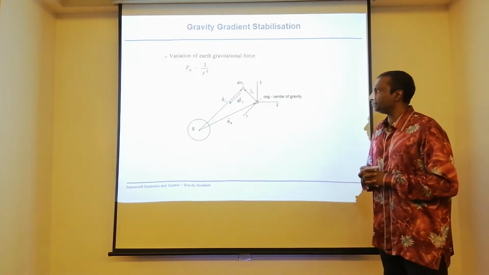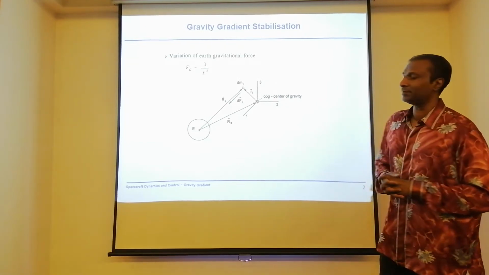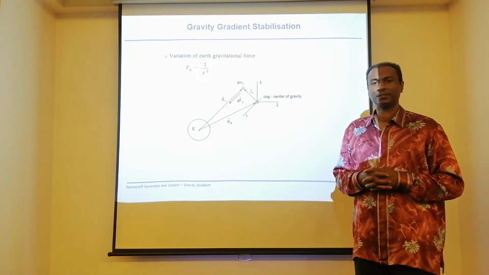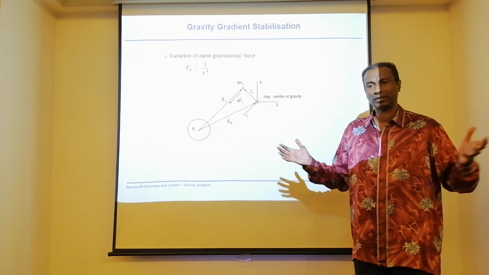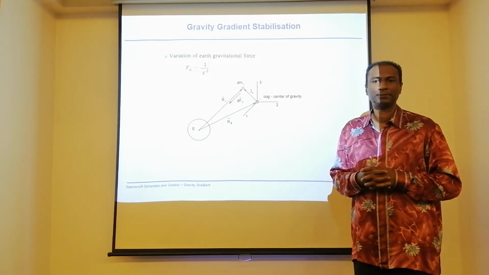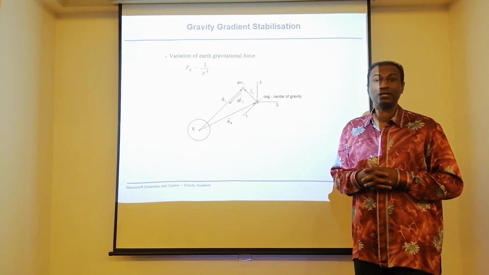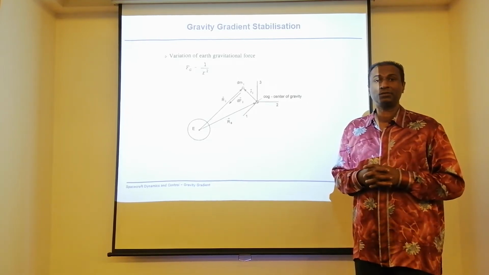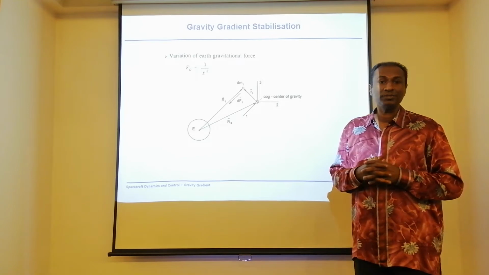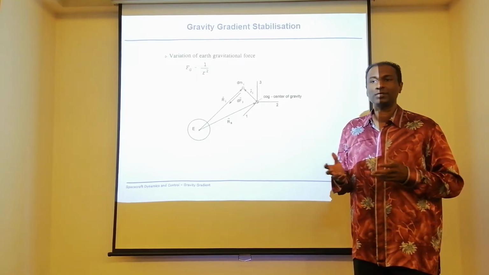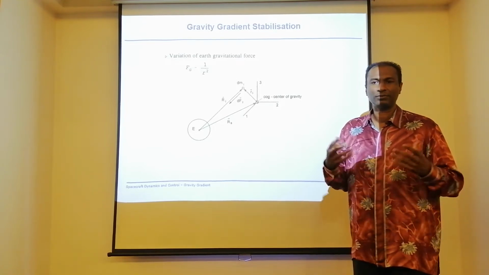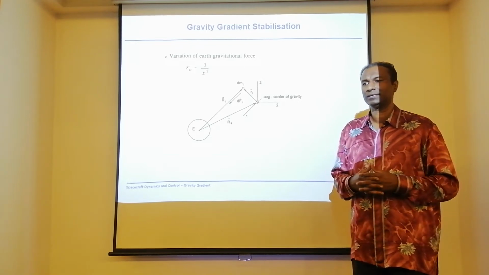Now, when I say gravity gradient stabilization, we know for a fact that we are bound by gravity, our gravitational field, so it is actually pulling us towards planet Earth. But don't forget, when we cleverly use this, we can also do stabilization in a way. So let's see how actually we can do this stabilization.